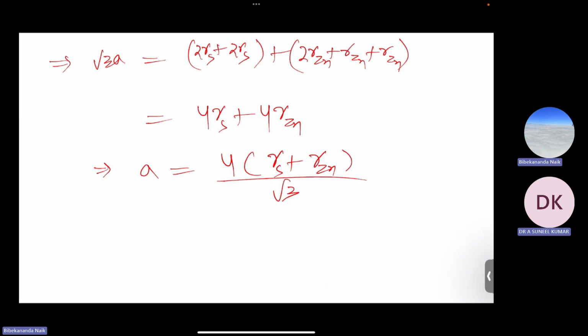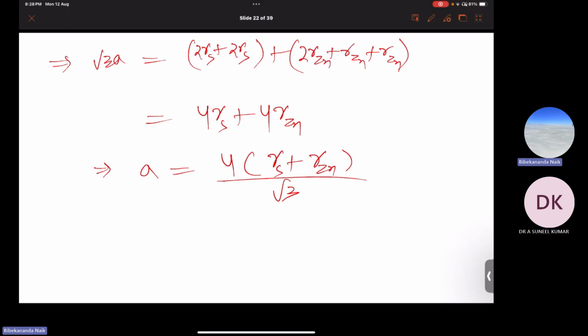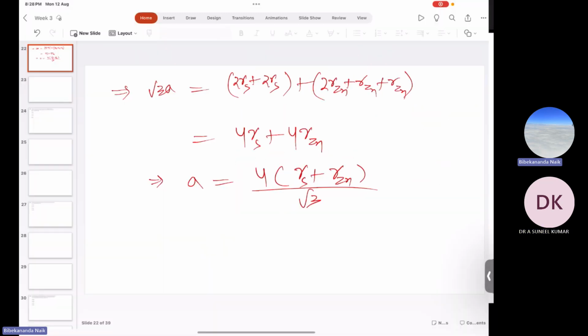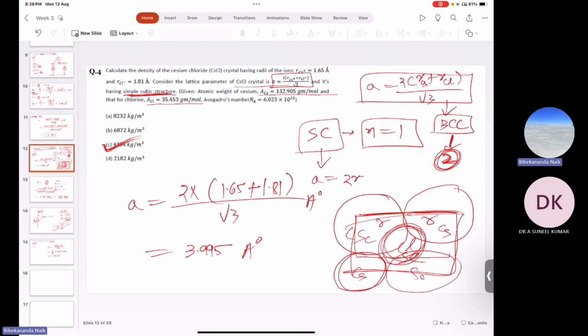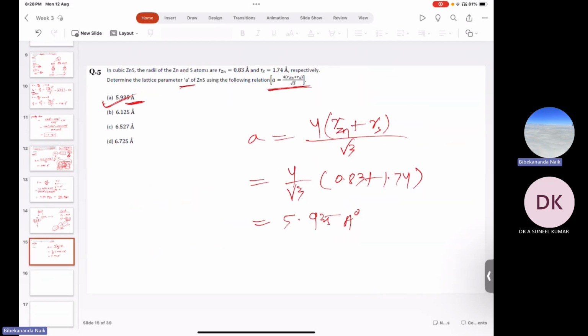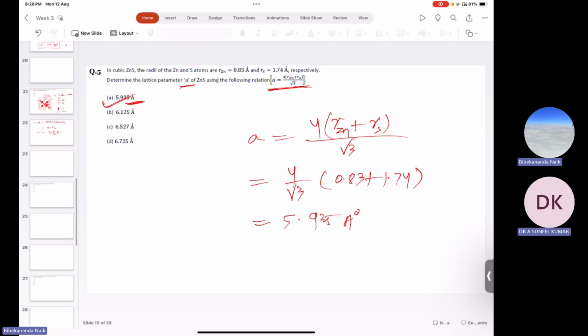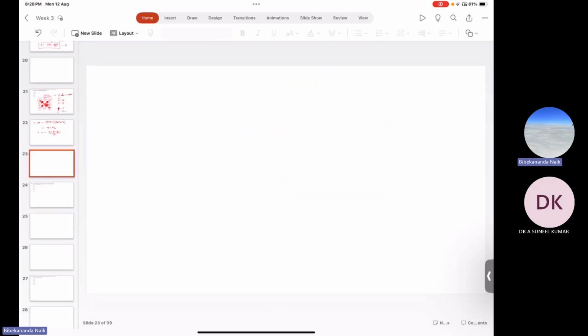The same thing was also given here. In this question, the same thing was given: a equals 4 into R zinc plus R sulfur divided by root 3. Since this is the zinc blend structure in the question, we will use this same formula.